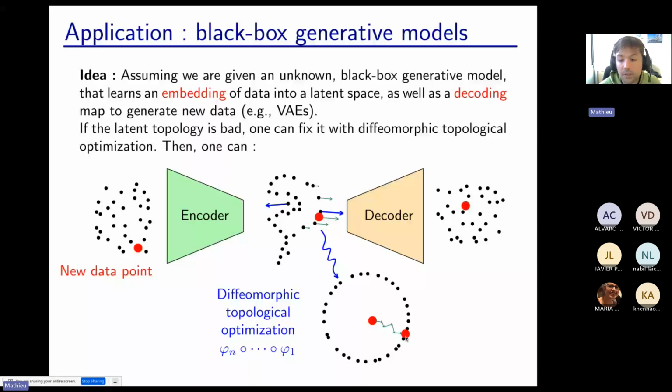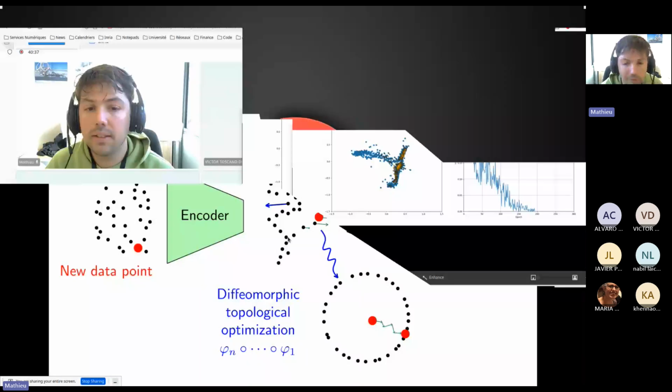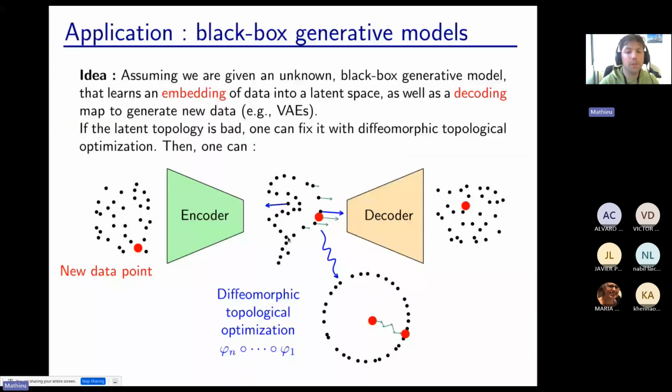And that's interesting because once this sequence of diffeomorphisms is known, I can push any new point to the optimized latent space in linear time, basically. Whereas if I really wanted to push this point onto the circle using vanilla gradient descent, I would have to recompute everything and redo the optimization from scratch.